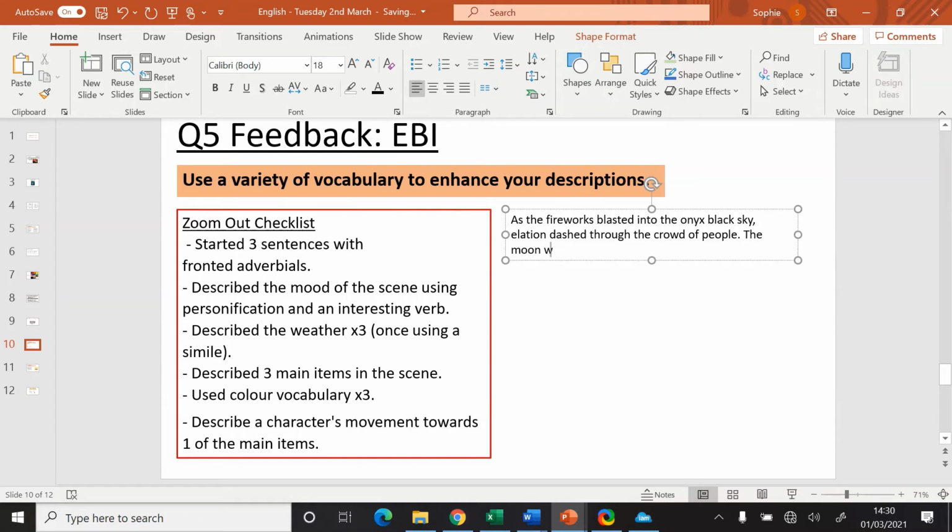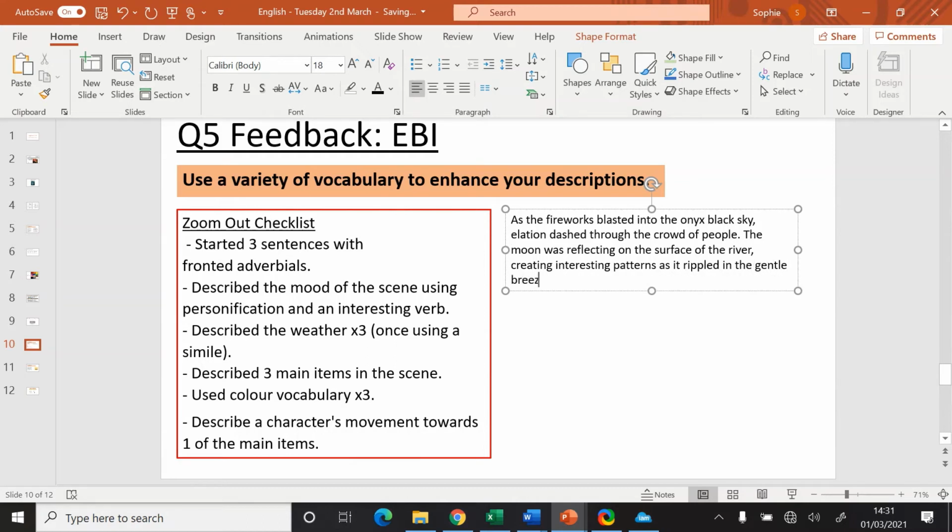The moon was reflecting on the surface of the river, because I can imagine it's near the River Thames. And I'm going to add creating interesting patterns as it rippled in the gentle breeze.